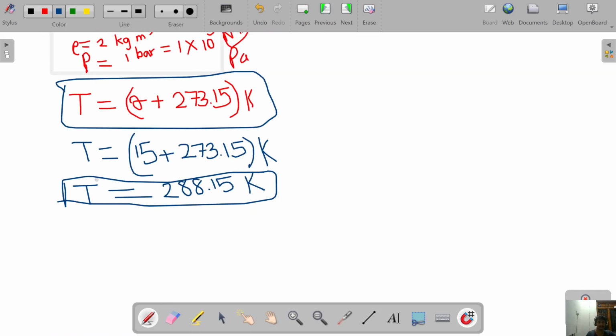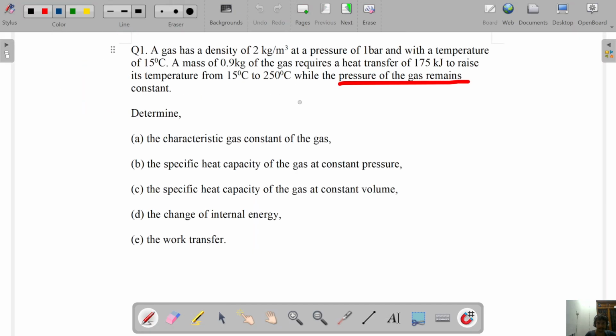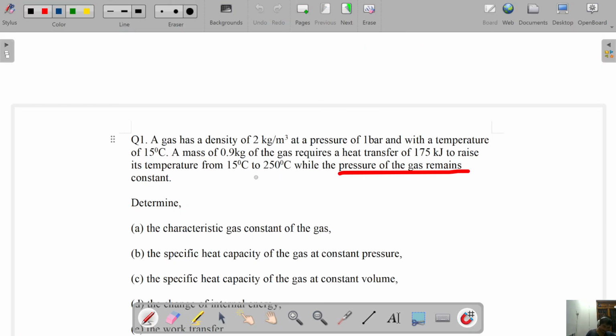Okay. Now let's read the question. A mass of 0.9 kilogram of the gas requires a heat transfer of 175 kilojoule to raise its temperature from 15 degrees Celsius to 250 degrees Celsius, while the pressure of the gas remains constant. I missed one earlier.